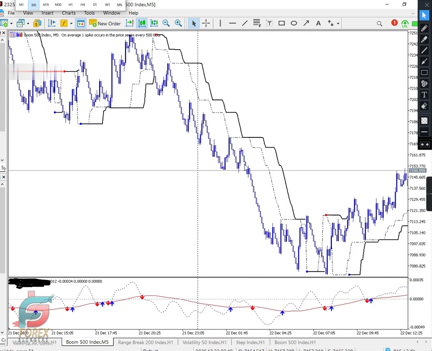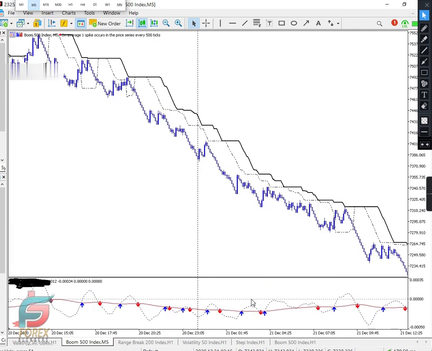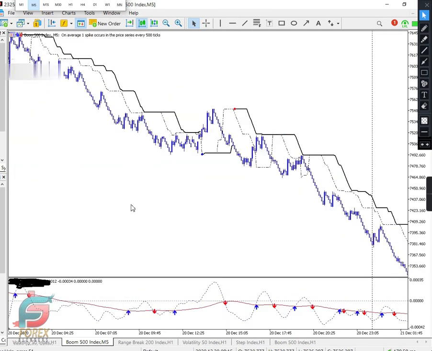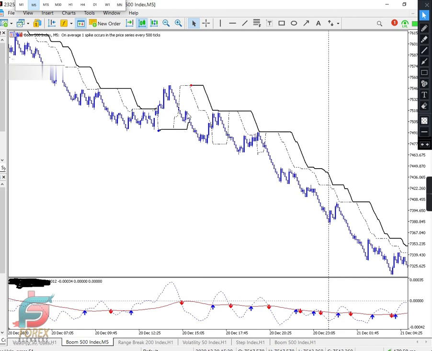You can see here we got a sell signal, very, very nice. Okay, so on a downtrend like this one, we got so many setups here. We got one, we got another one here. No, this one could have been ignored because we were on an uptrend. You can see this one was on an uptrend, so we could have ignored it.